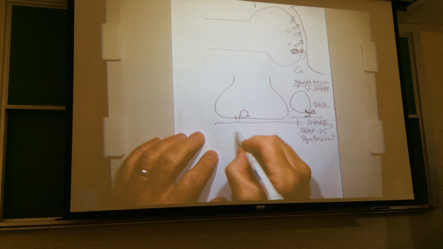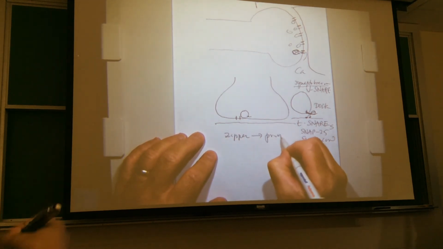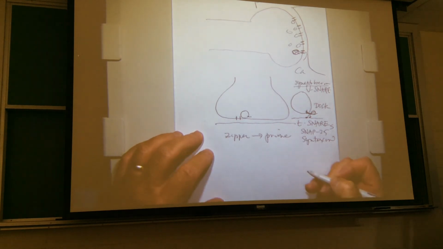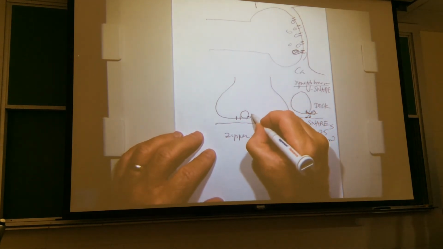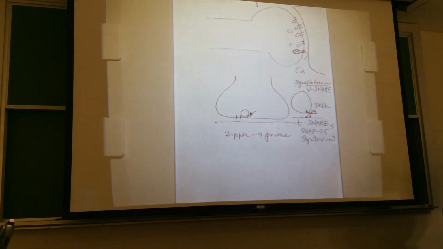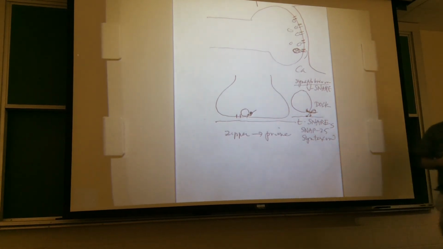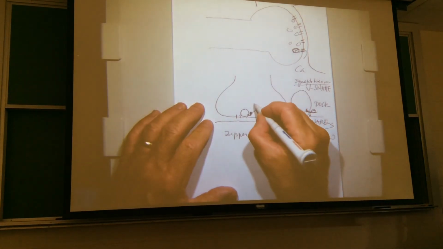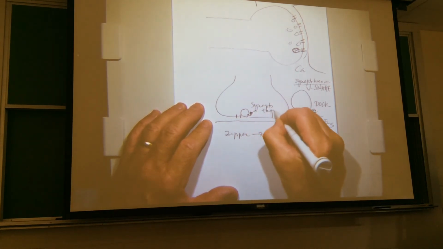Okay, so when they zipper, then they prime. And then there's one other character in here. I'm just going to put him here as a big blob. So there's one last character. This is the calcium sensitive protein that's putting the brakes on. Do you remember that one? That's synaptotagmin. So those are the four characters you need to know.